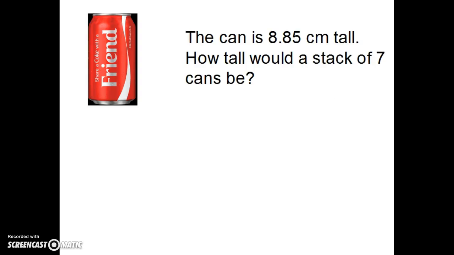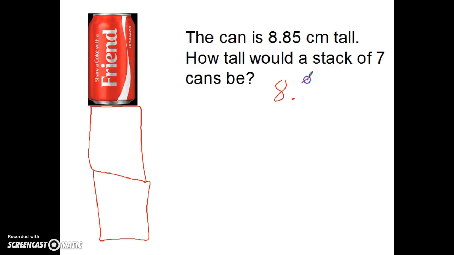Let's try some real world ones out. We got a can of Coke. It's 8.85 centimeters tall. How tall would a stack of 7 of those cans be? Since I'm stacking the cans all on top of each other, I'm going to need to multiply. So I'm taking 8.85 times 7. 7 times 5 is 35. 56, 59. 56, 61.